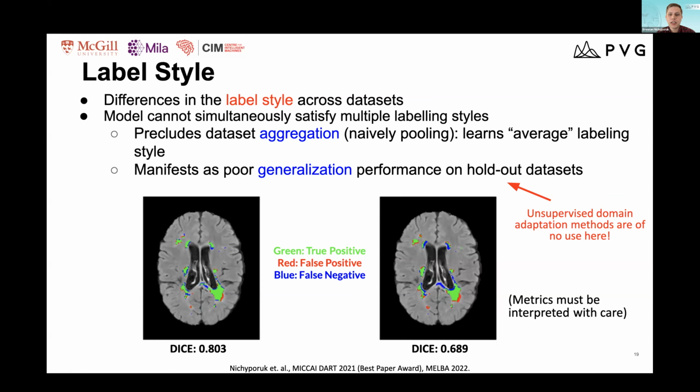We were given these labels, and as a result, we're going to see different results in terms of DICE or true positive, false positive, depending on what the label style is and what label style we choose to output. If we trained a model on a completely different data set, even if it had the same input distribution but just a different label style, you're going to see very bad performance on another data set with a different label style. So, thank you.